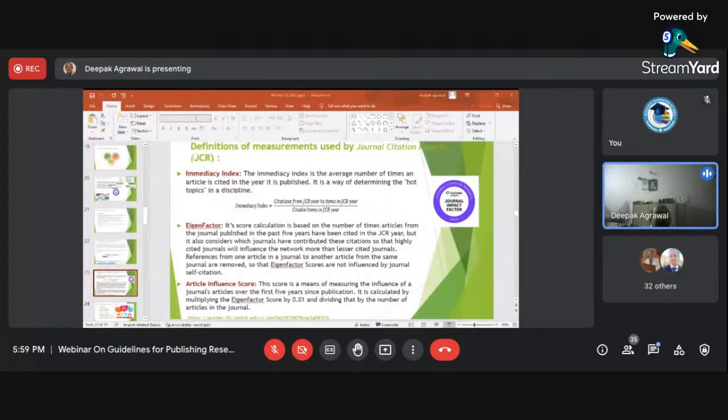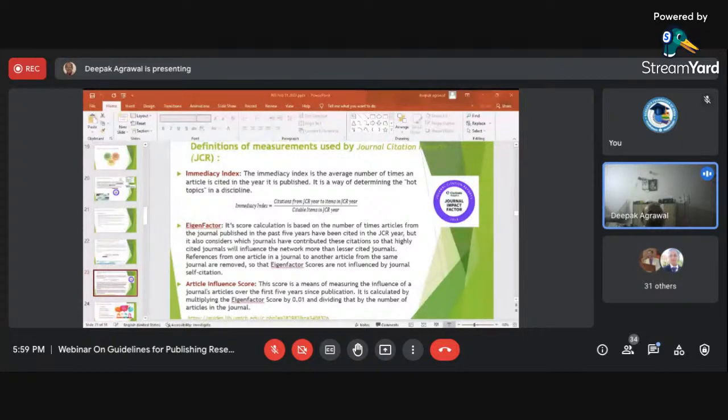Next one is the Eigenfactor. It is based upon the number of times articles from the journal published in the past 5 years have been cited through the Journal Citation Reports. But besides that, it also accounts for publications which are cited by highly cited journals.